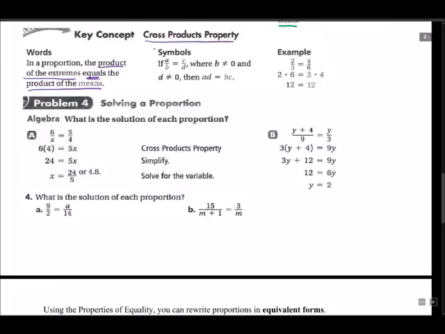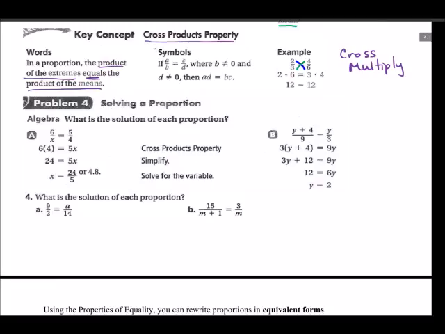The product of the extremes, 2 times 6, equals 4 times 3. You probably remember this as cross multiply. So you know how to do this. We just now have a fancy property for it, right?